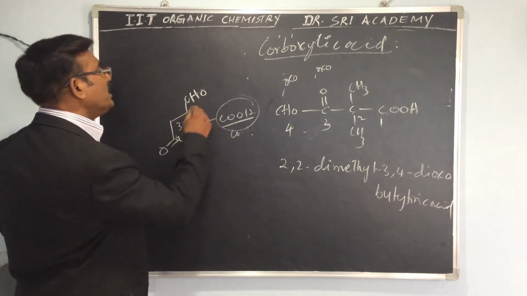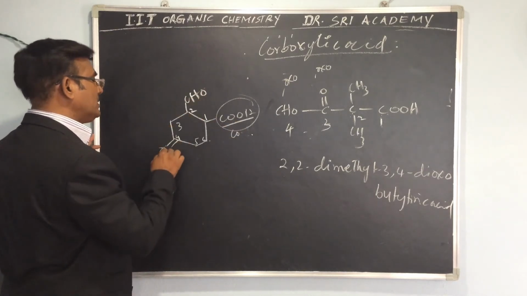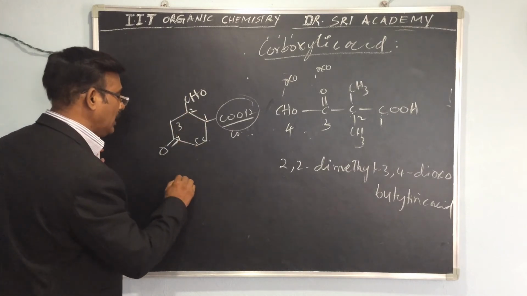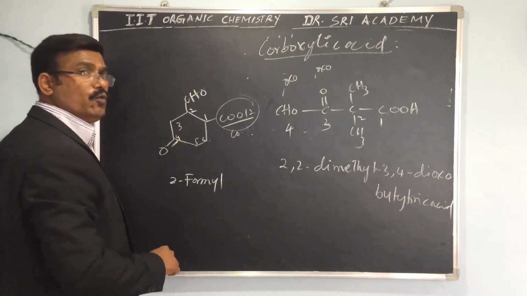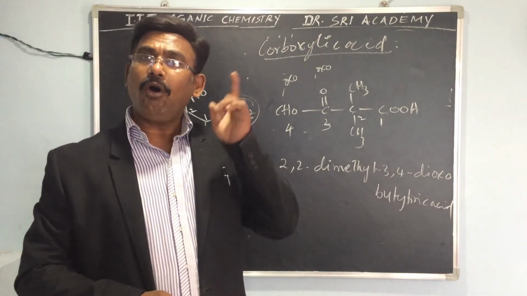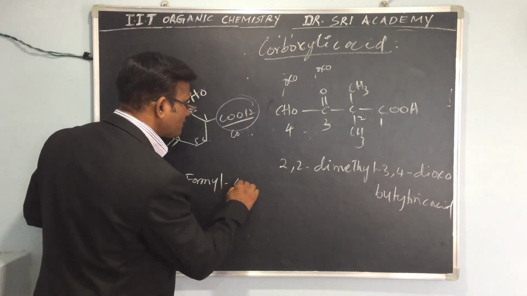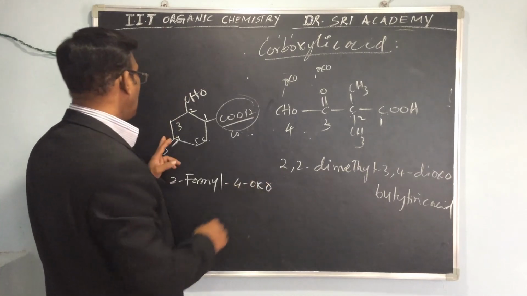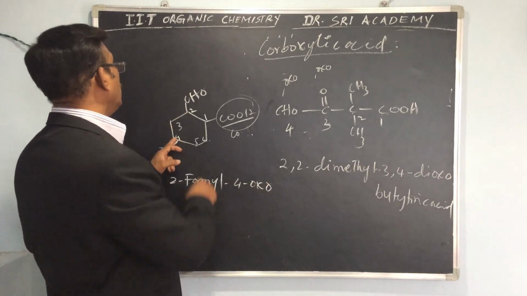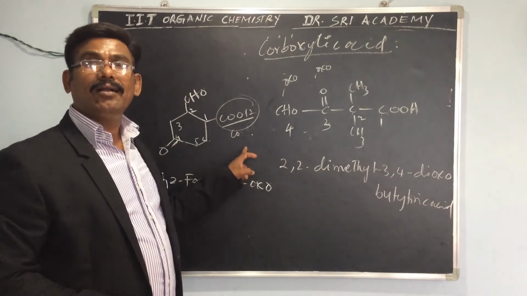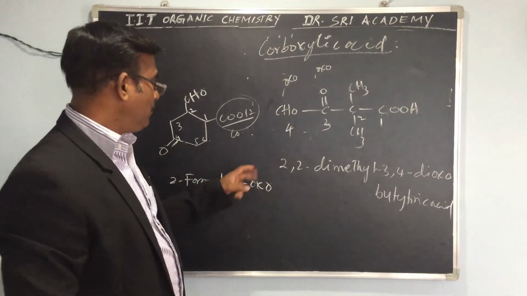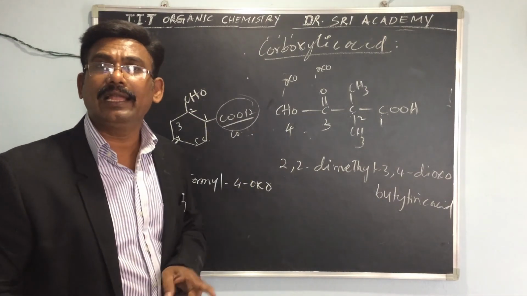So now give the name. This is the oxo, and this is formyl. So 2-formyl, 4-oxo. Which carboxylic acid?